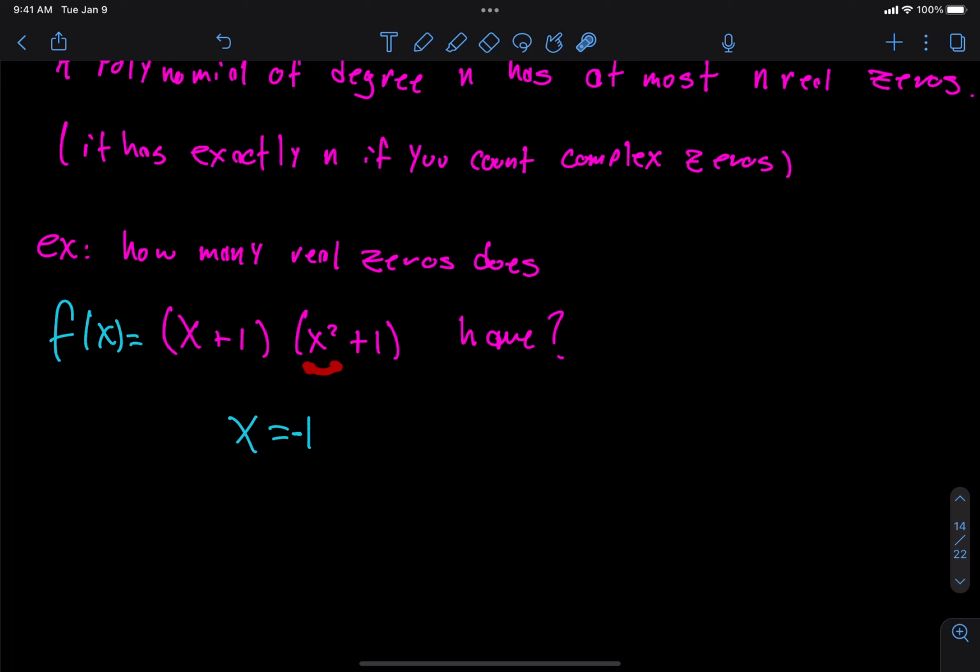Is there any number I can plug in here that would make this factor equal to 0? No, there's not, right? Because if you take a number and you square it, you get something positive, and if you take something positive and you add 1, it's definitely not 0. So there's no way to make this expression 0 without introducing complex numbers. So it has 1 zero. Someone help me. What is the degree of this polynomial?